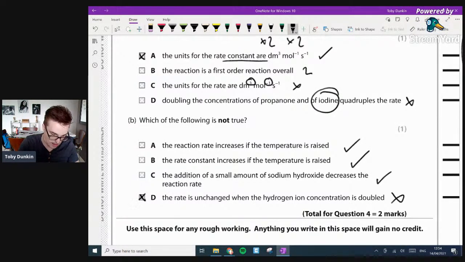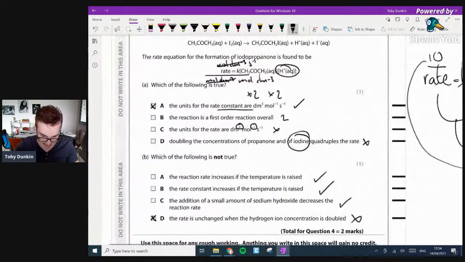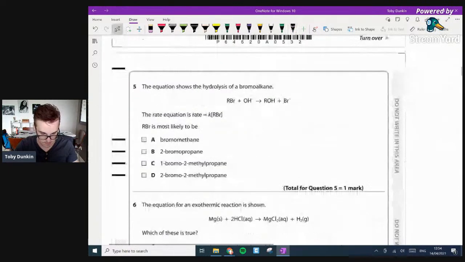That's the answer there. If you add sodium hydroxide, it will remove the catalyst from the reaction, the rate will slow down. But H plus is also in the rate equation, which means if I change the hydrogen ion concentration, then I'm going to change the rate of reaction. So D is definitely incorrect.